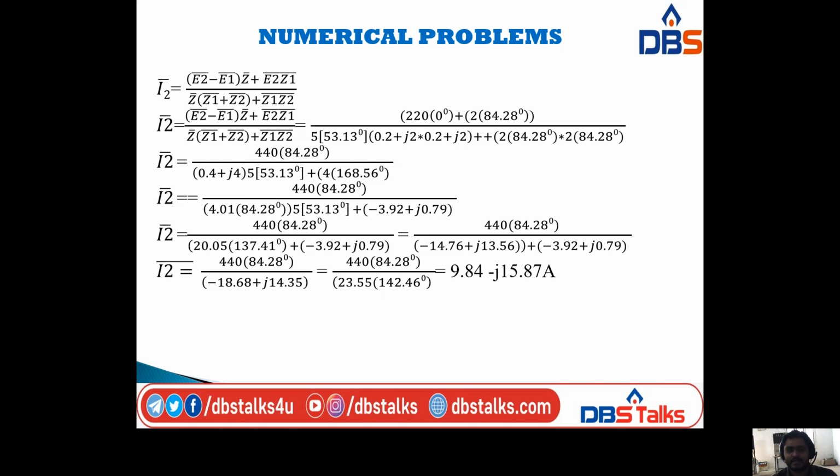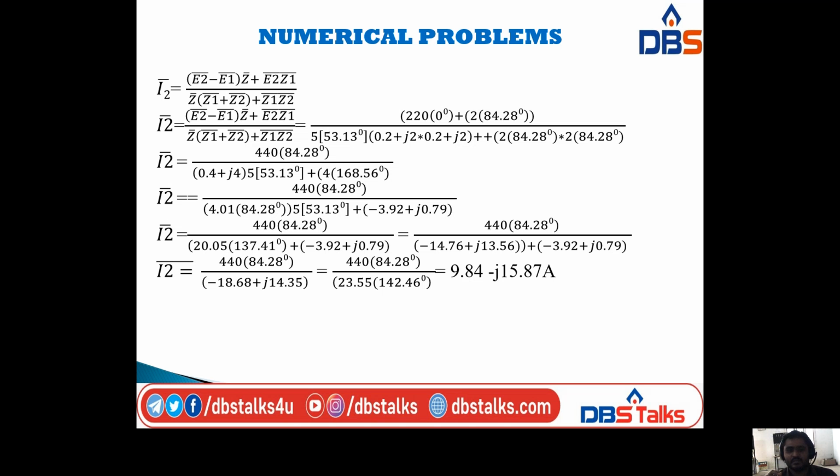So I2 is equal to, in the numerator we have 220 into 2, that is 440 at an angle of 84.28, divided by, so 0.2 plus 0.2 is 0.4, plus J2 plus J2, that is J4, into 5 at an angle of 53.13, plus 2 into 2 is 4 at an angle of 168.56.